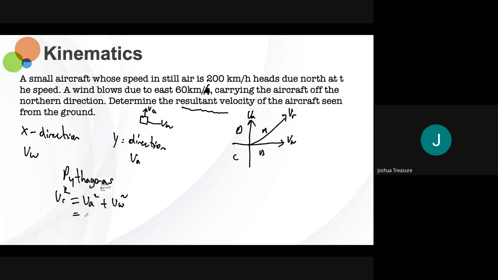All right, so VA is how much? What is the speed of the aircraft? 200 kilometers per hour. All right, so 200 squared, and VW is how much? 60 kilometers per hour. What do we get here? 200 squared is how much? 40,000.